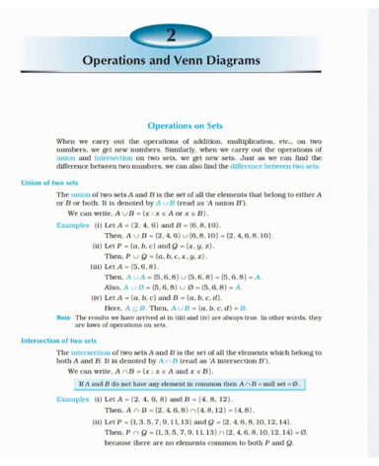Example: let A equal the set 2, 4, 6, 8 and B equal the set 4, 8, 12. So A intersection B is the set of common numbers. The 2 is in A but 2 is not in B, so 2 is not in the answer.